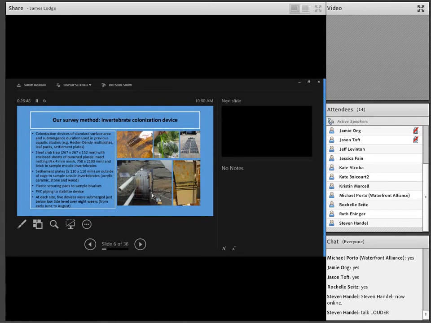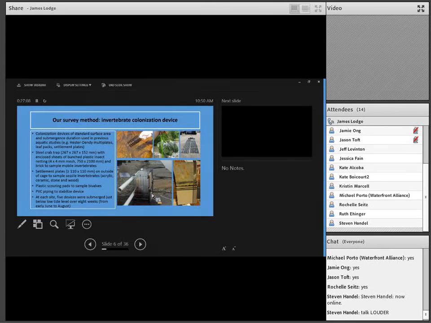That's been a really widely used method over on the west coast of the US and other places to attract settling bivalve larvae. We also needed to stabilise the device and stop it from moving around the shoreline, so we had these PVC pipes up the back there that would stop it from moving.